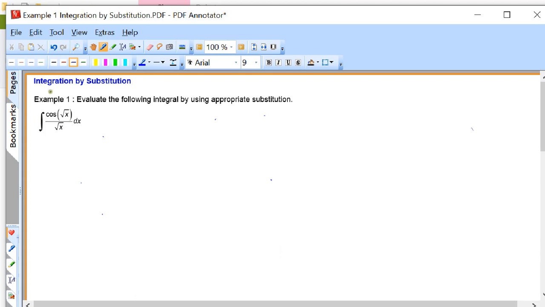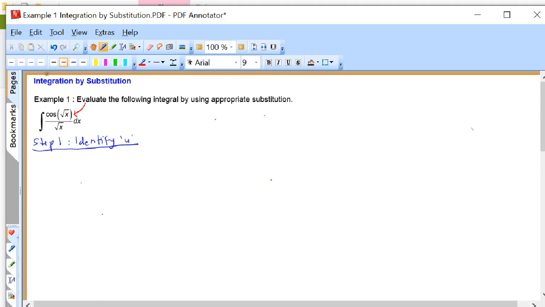Okay, so step number 1 would be, we identify the u. To identify the u, normally when you look at the given function, u would be the one that is in a bracket of the given function.